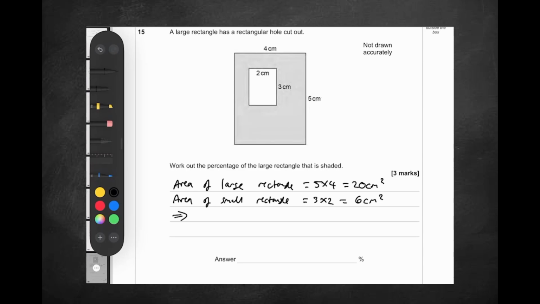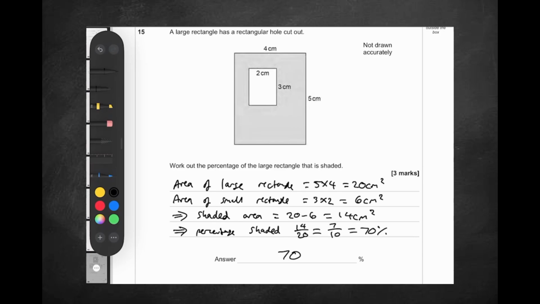Therefore, shaded area is 20 minus 6, which is 14 centimeters squared. Therefore, percentage shaded is 14 over 20, which is the same as 7 over 10, which is the same as 70%.